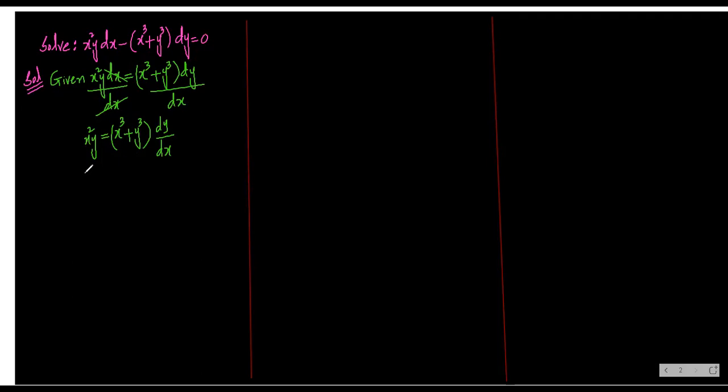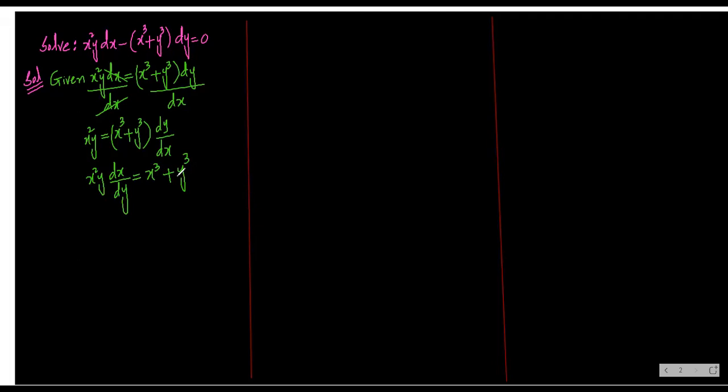You have the idea of linear differential equation, right? By the normal method we solve, but if an improper fraction comes, then we take its reverse form. So better to take the reciprocal of this x square y term, dx by dy. It is the reverse form of the Bernoulli differential equation, x cube plus y cube.